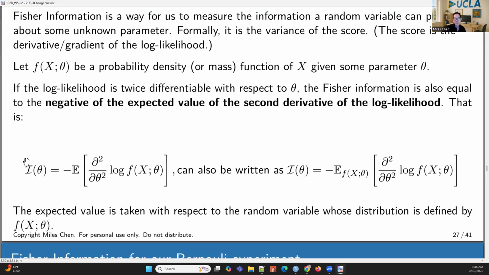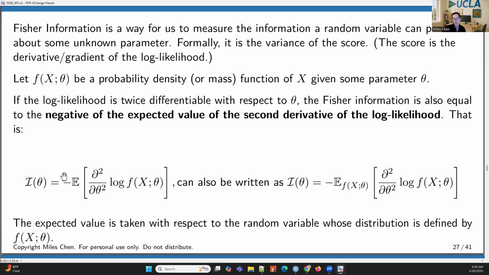So here I'm going to say the Fisher information, indicated by this fancy I of theta, the Fisher information of our unknown parameter theta, is the negative expected value of the second derivative of the log likelihood. I'm going to put in this term to indicate this is our probability function f of a random variable x given some parameter theta.